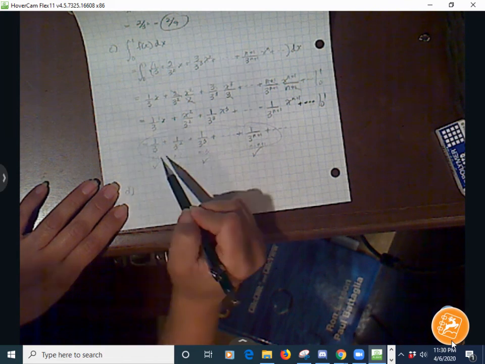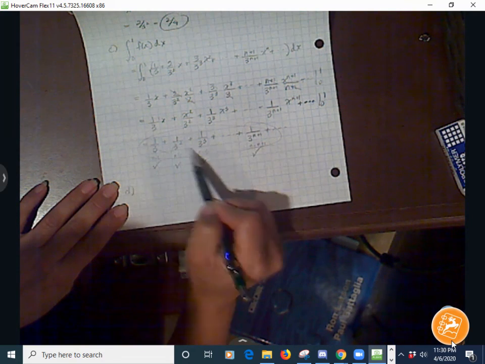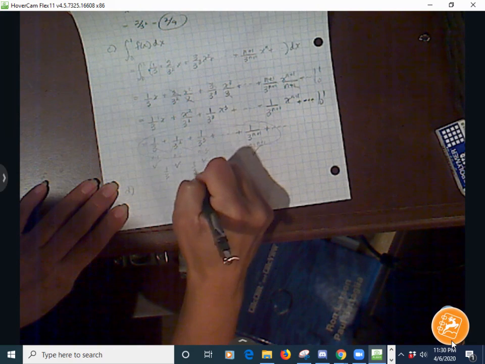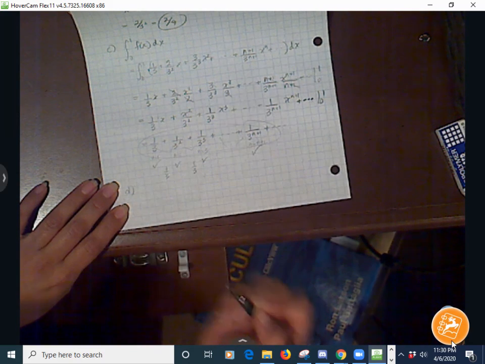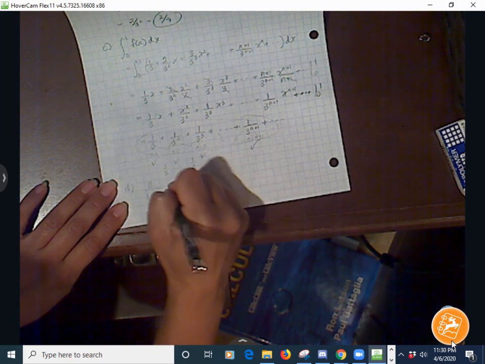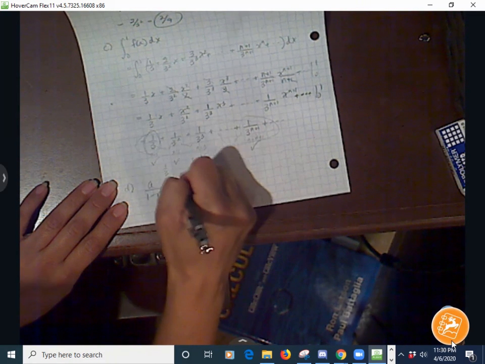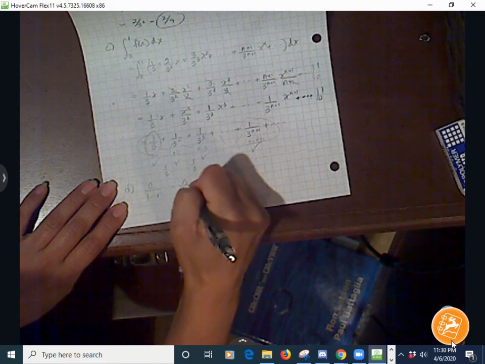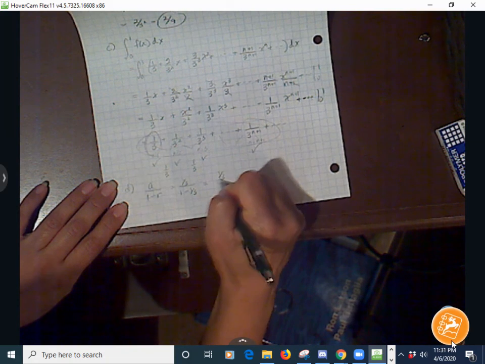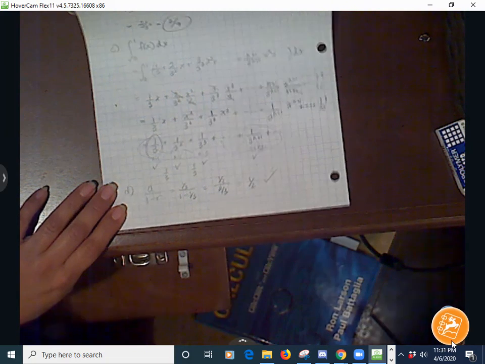You can see that this is a geometric series because we're multiplying by 1/3 each time. So the sum is a divided by 1 minus r, where a is the first term, which is this one right here. 1/3 divided by 1 minus 1/3. And this is going to be 1/3 divided by 2/3, which is 1/2.